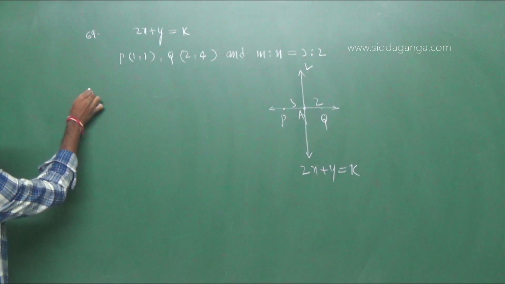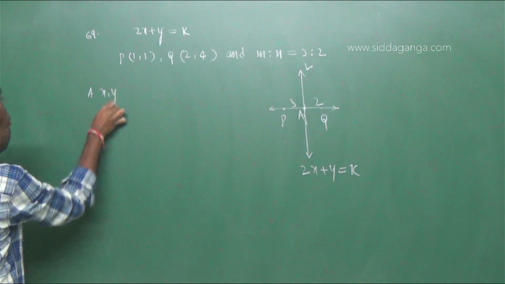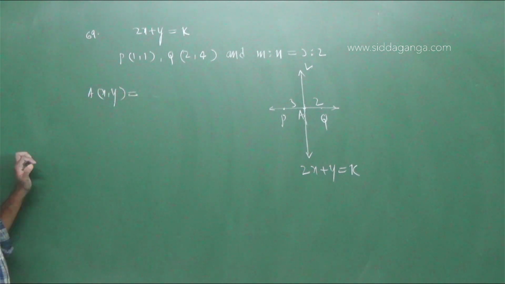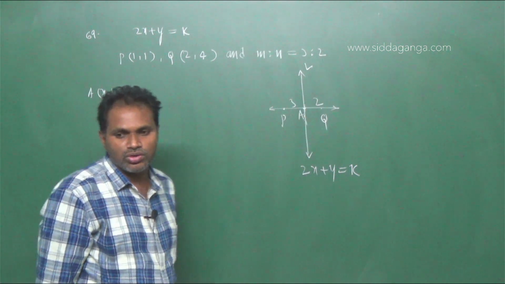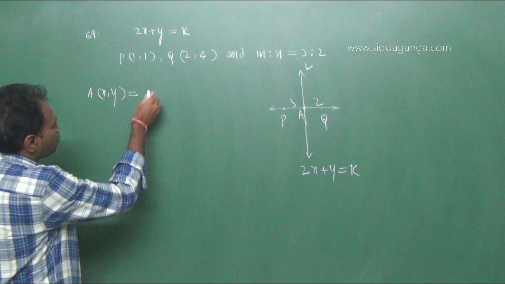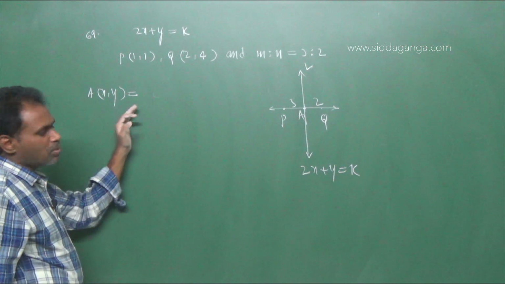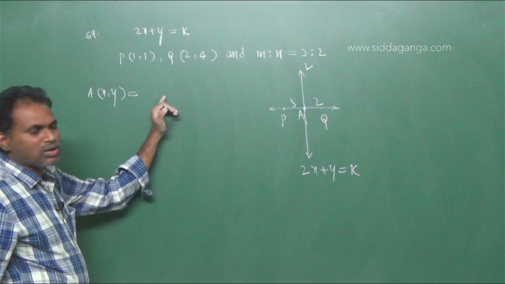Therefore, I am finding the point A(x, y). Since A divides PQ in the ratio 3 is to 2, A(x, y) equals (m x2 plus n x1) by (m plus n).